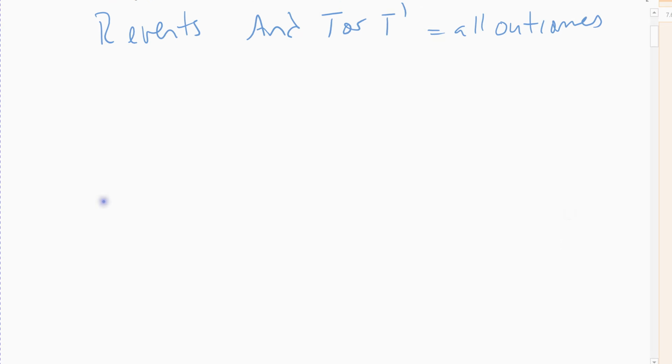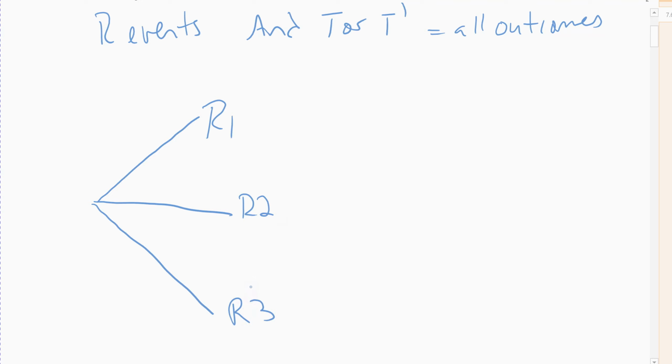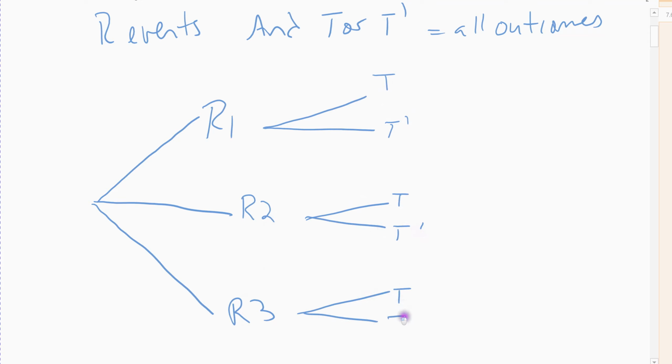Alright, so there were 3 R events. I have the first R event, the second R event, and the third R event: R1, R2, and R3. And then after these 3 events can occur, either T will happen or T won't happen. I'm actually not going to list out all the possibilities.